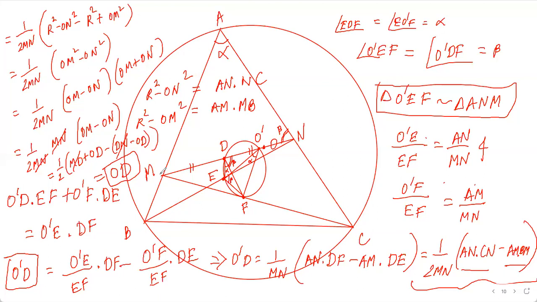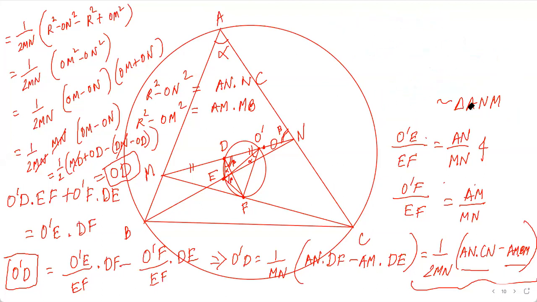Suppose I say that the distance MO is lesser than NO. So if this happens, that means O lies on this side.